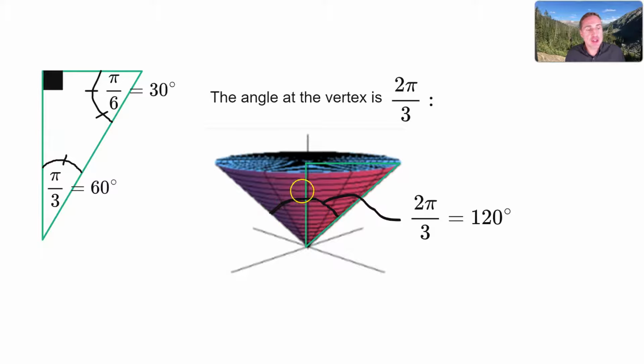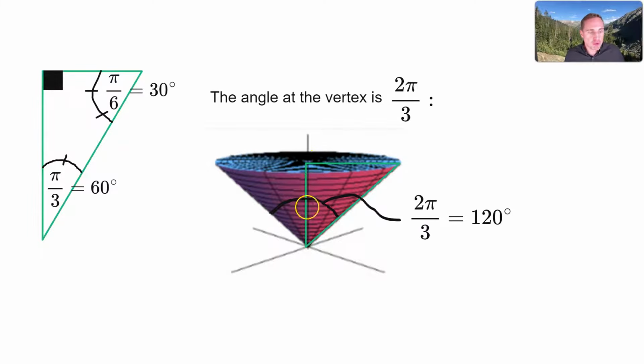Because it's 2 pi over 3, this entire angle is 120 degrees, which makes a lot more physical sense, because a triangle can only have one obtuse angle, and there's no way it can be a right triangle.